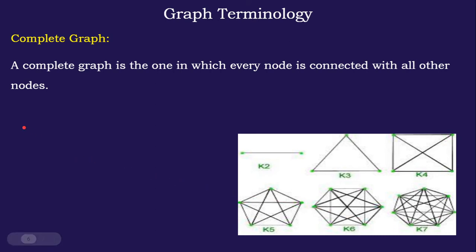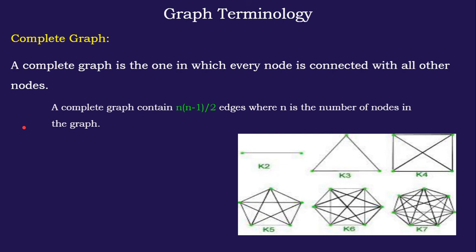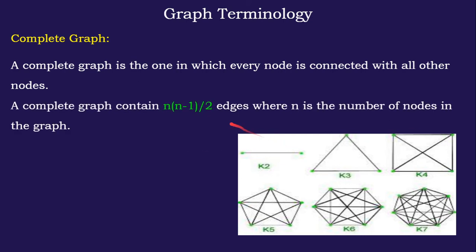So let us see what is the formula by which the number of nodes are connected by the edges. A complete graph contains n into n minus 1 by 2 edges, where n is the number of nodes in the graph. Okay, so for example, when the number of vertices are 2, 3, 4, 5, 6 and 7, the edges will be 1, 3, 6, 10, 15 and 21.